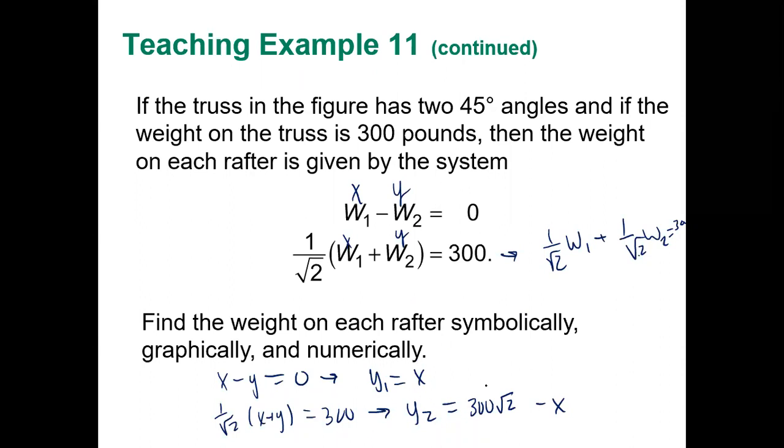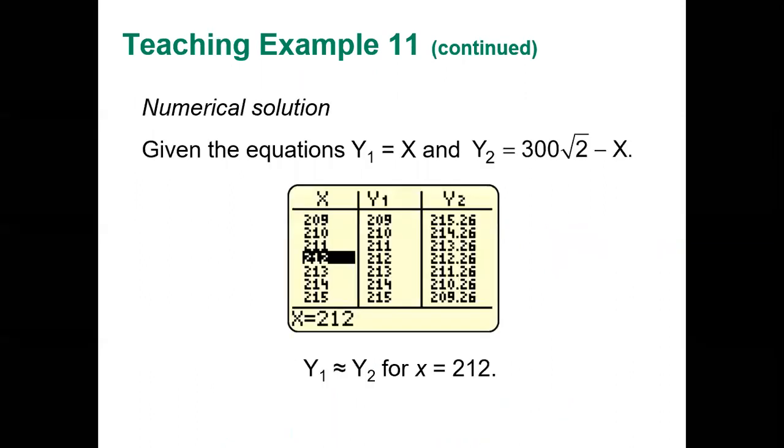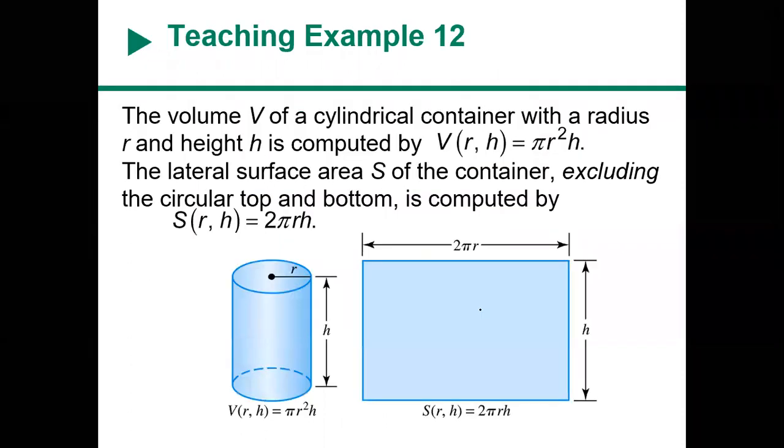To find our value, we put in y1, put in y2, and then numerically, we go look at the table, and we're looking for when are they close or have the same value. That'll be a long way to scroll, so I did it for you already. It would take us all the way to 212 to see that they have a value that's close, okay?